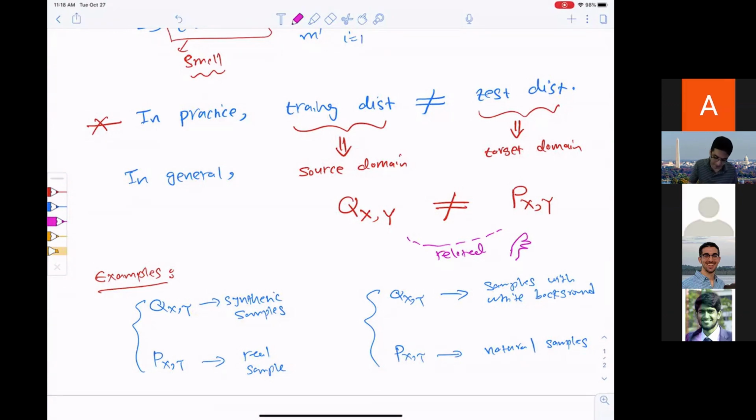You cannot have, let's say, images in your training and gene expressions in the test. These are also images, but maybe with slight natural variations, or with different backgrounds, and so on and so forth. We'll try to see what we mean by being related. Otherwise, the problem doesn't make sense.